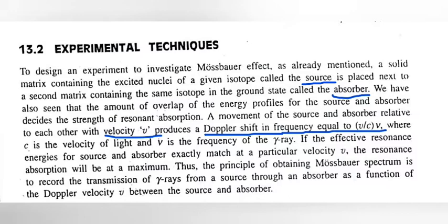This velocity v produces a shift in frequency, that is the Doppler shift in frequency, denoted by delta nu. Delta nu is equal to v by c into nu, where c is the velocity of light and nu is the frequency of the gamma ray.